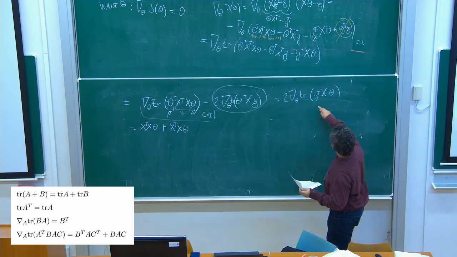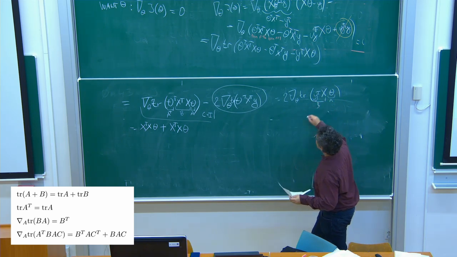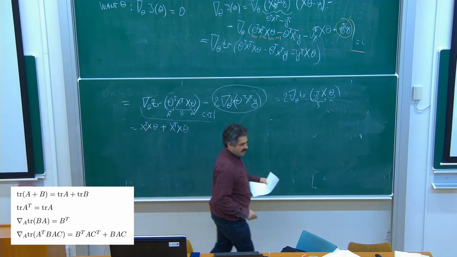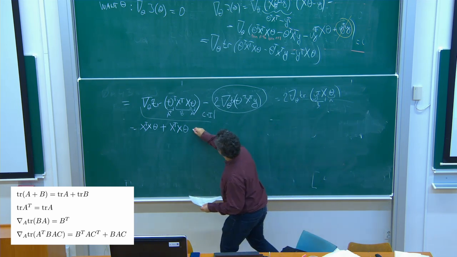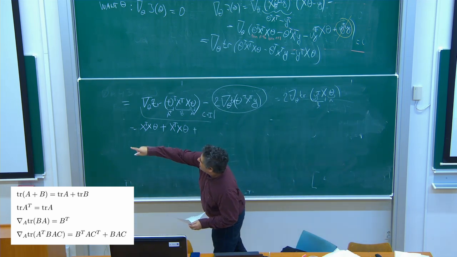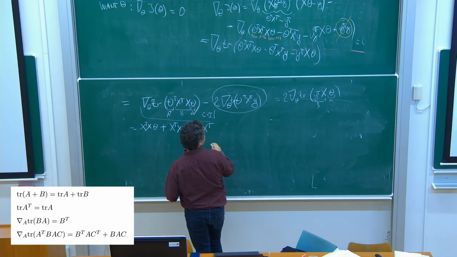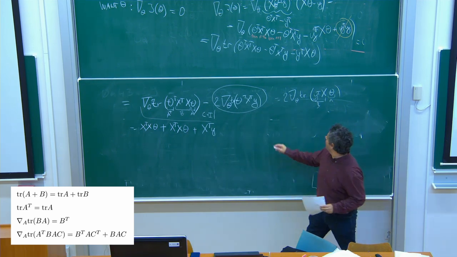Okay, and now this is A and this is B, from this rule over there. So I have plus B transpose, which is X transpose Y, and vice versa.